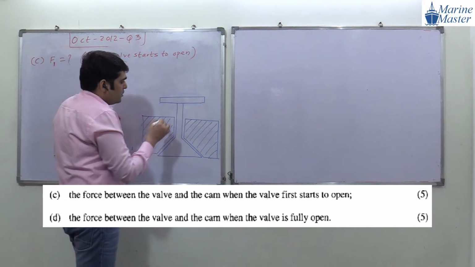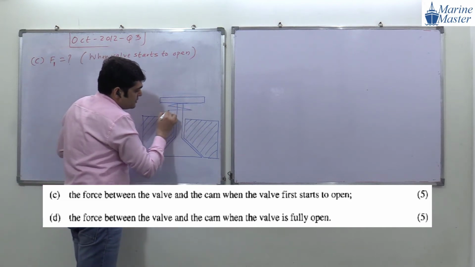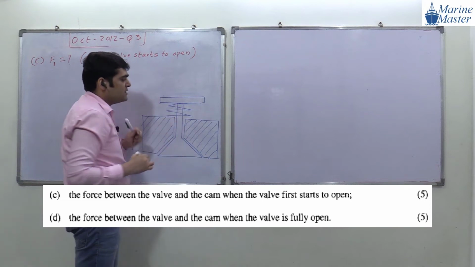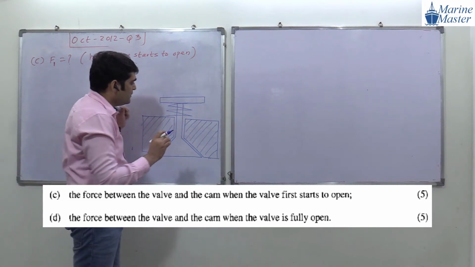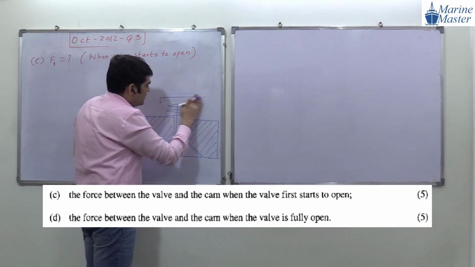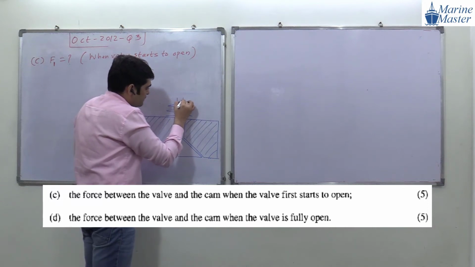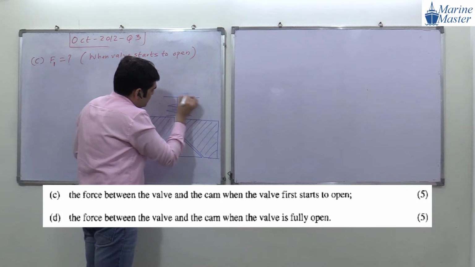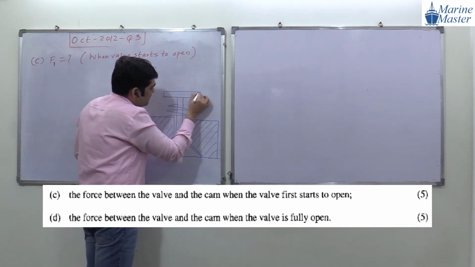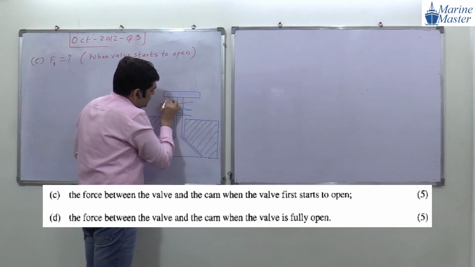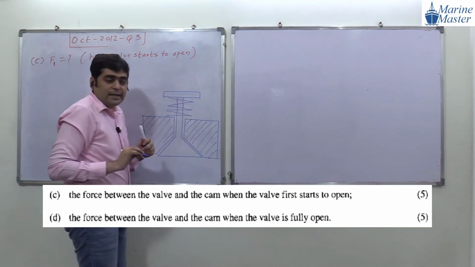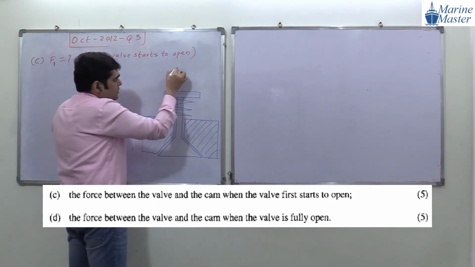Okay, now here there will be what? This is what a spring. Try to see the point here. This is what a spring. Okay, guys, try to observe the scenario here.